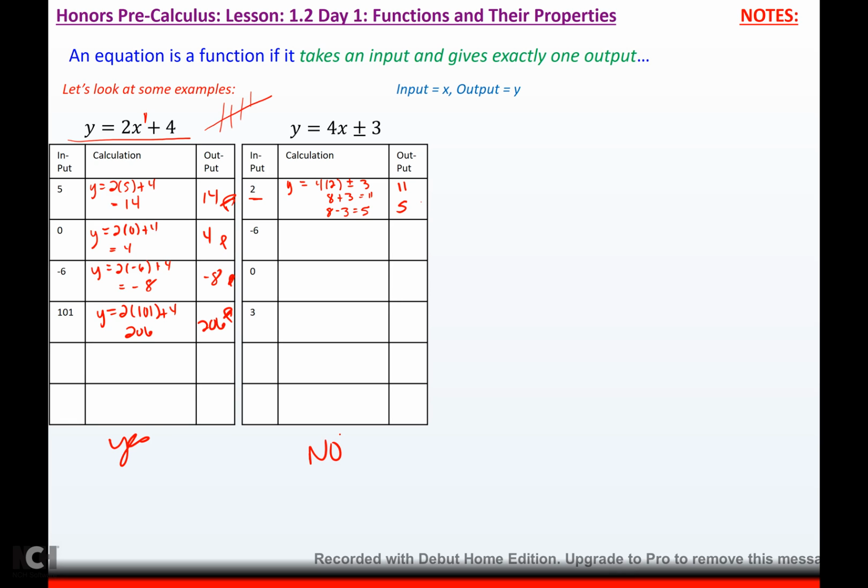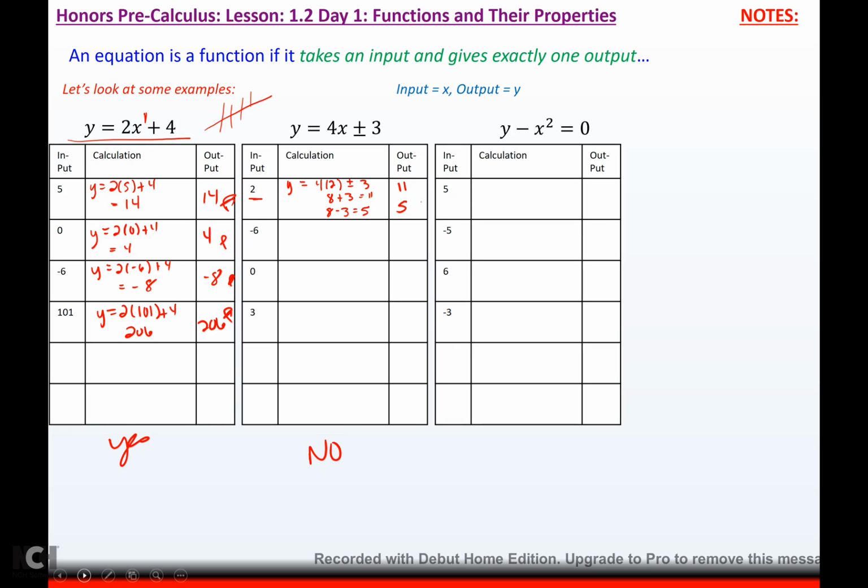Okay? Alright. Well, if we look at this one, I have y minus x squared equals 0. If I plug in 5, I get y minus 5 squared equals 0, so I get y equals 25. Negative 5: y minus a negative 5 squared equals 0.